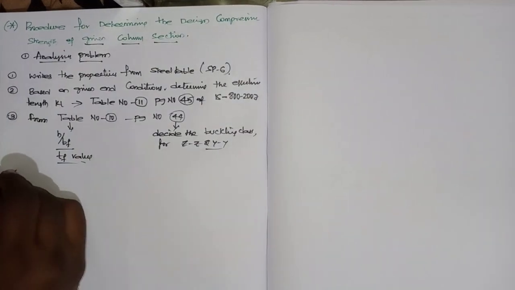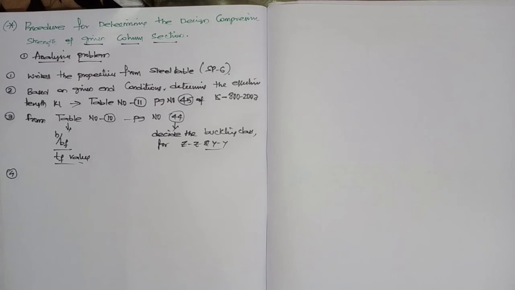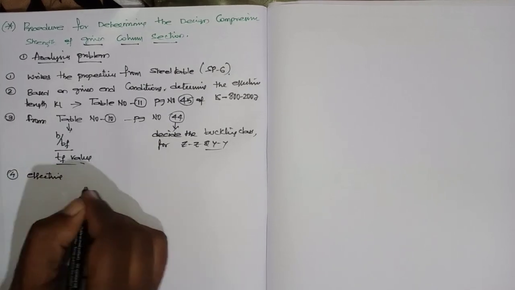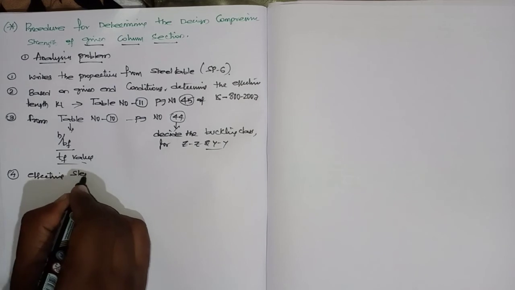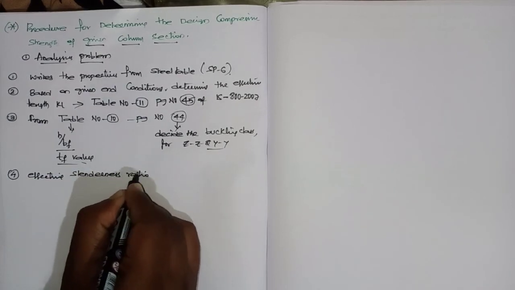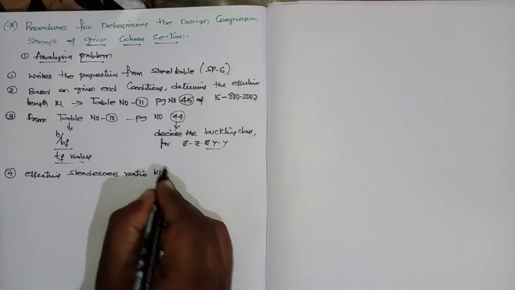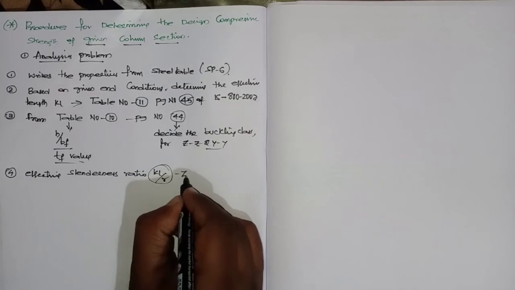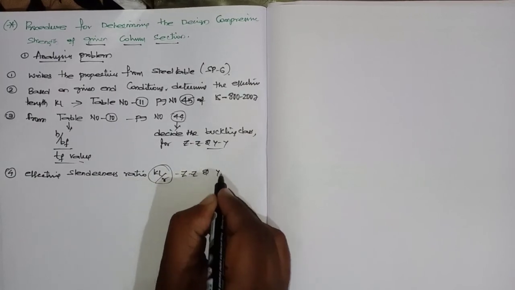Okay, next, fourth one. After that, you have to calculate the effective slenderness ratio, that is KL by r, about both axes, ZZ and YY axis.